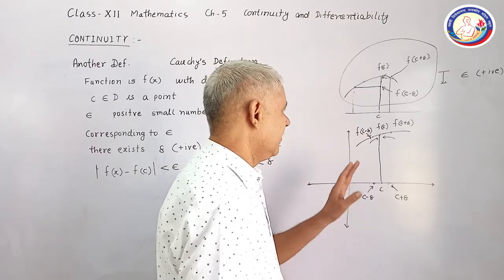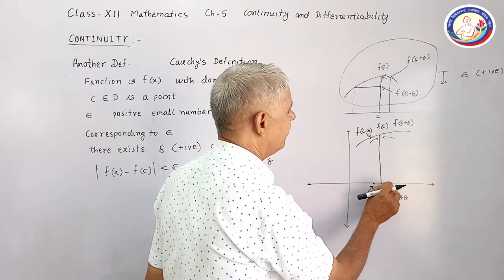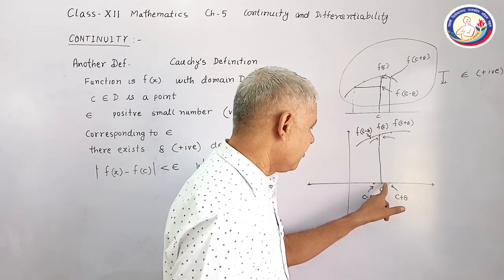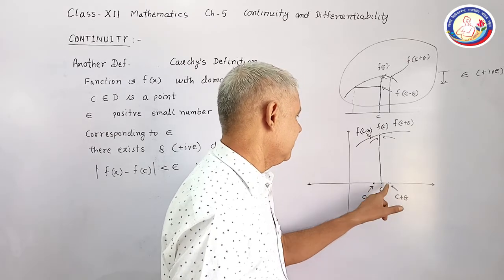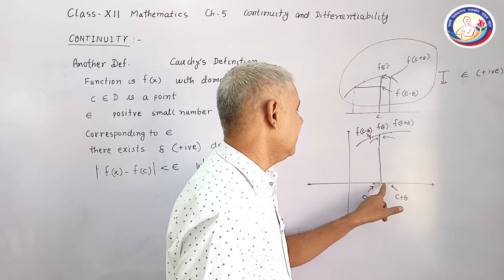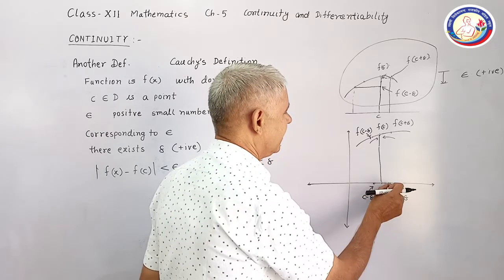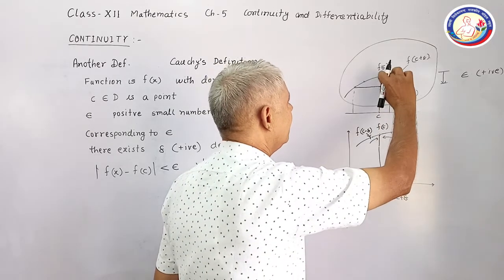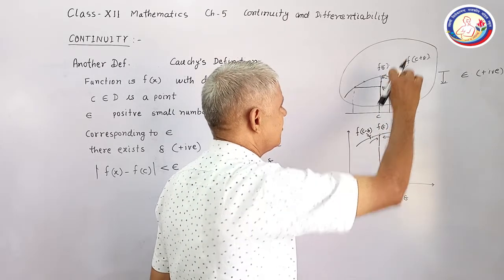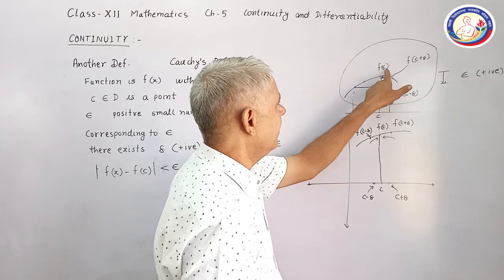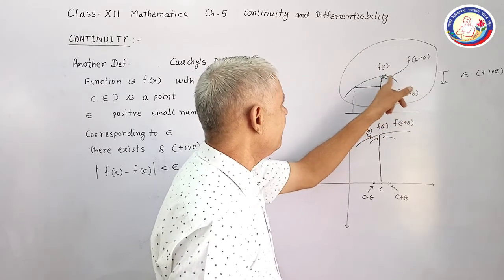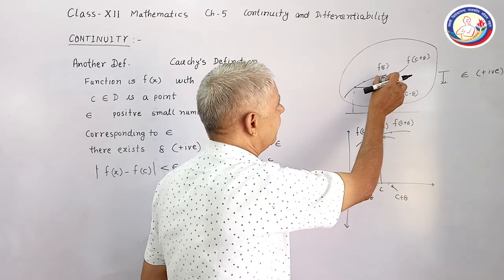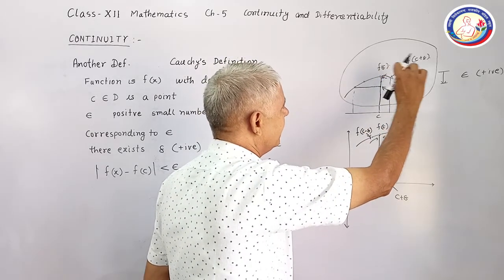So what is the meaning of this definition? In the neighborhood of c, with a very small difference, greater than c or less than c, delta is a small interval. Then we can minimize the difference between f(c) and the value at any point in the neighborhood of c, such as this or this.